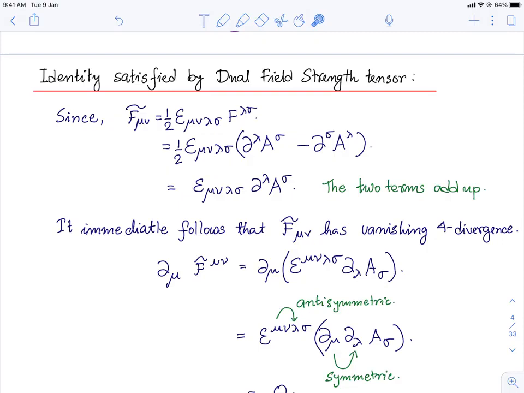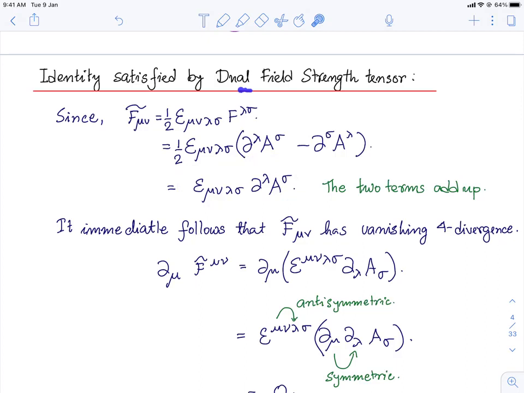Because epsilon lambda sigma is antisymmetric, and there's this F lambda sigma, which I can write out in terms of the potential in this way, you see that these are in a different order compared to this. So I can flip it here, make this lambda and sigma, and then I'll get a plus sign here. So they will add and cancel this factor of half here, and I can write it in this form.